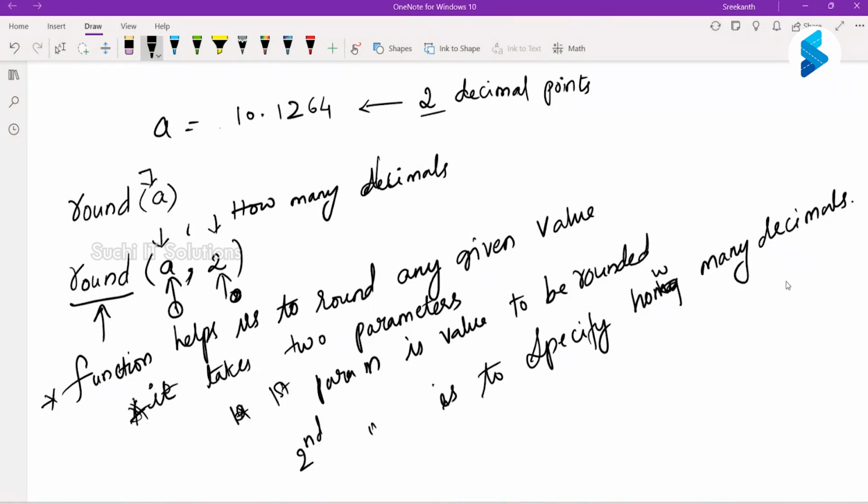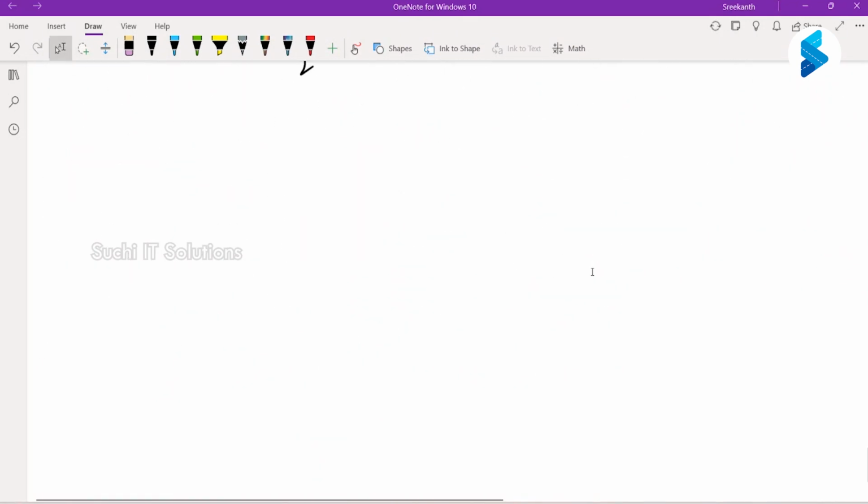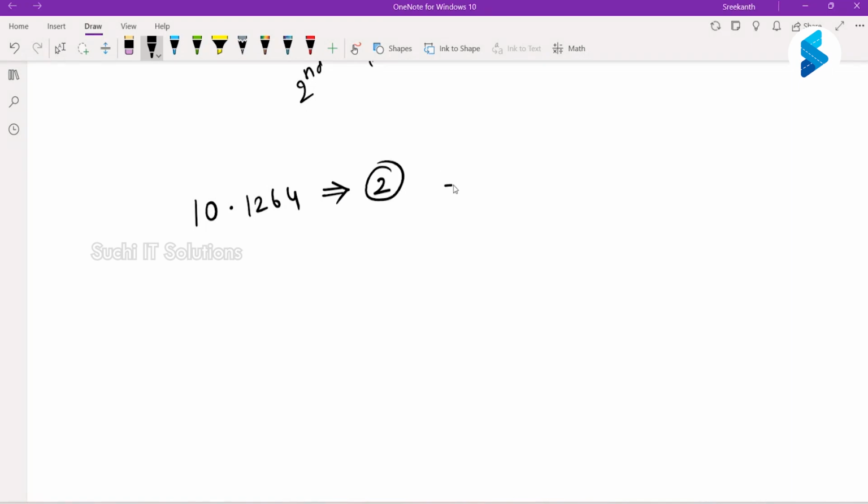Yes, sir. Okay, let us try rounding a few numbers. Let me show one example here. If I have to round 10.1264 to 2 decimal points, the output would look like 10.13.